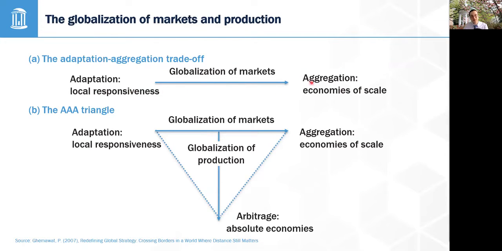On the other side, you have aggregation or achieving economies of scale. So that is generally maximized by not adapting your offerings, and maximizing economies of scale tends to be more about lowering costs as opposed to increasing willingness to pay. This third dimension, arbitrage, is about absolute economies, which could be about increasing willingness to pay through something like cultural arbitrage, or it may be about lowering costs through economic arbitrage or administrative arbitrage.